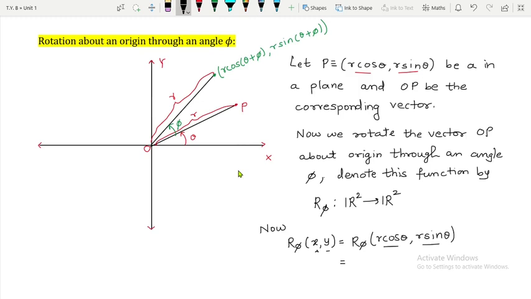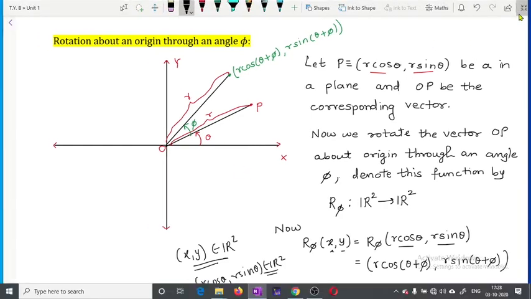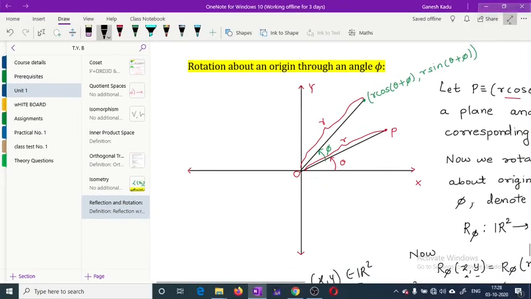So (x, y) is some vector in R2, but I have written the polar form as r cos theta, r sin theta. So it is again a point in R2, right? Now what is the job of this function R phi? To rotate the vector through an angle phi. So what will be the changes? It will be r cos(theta plus phi), comma r sin(theta plus phi). Now just the simplification part is left. Just I will take little bit down.